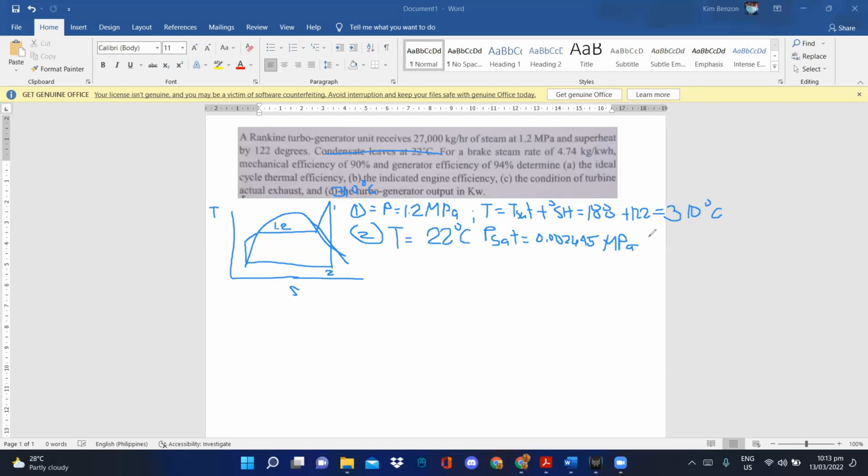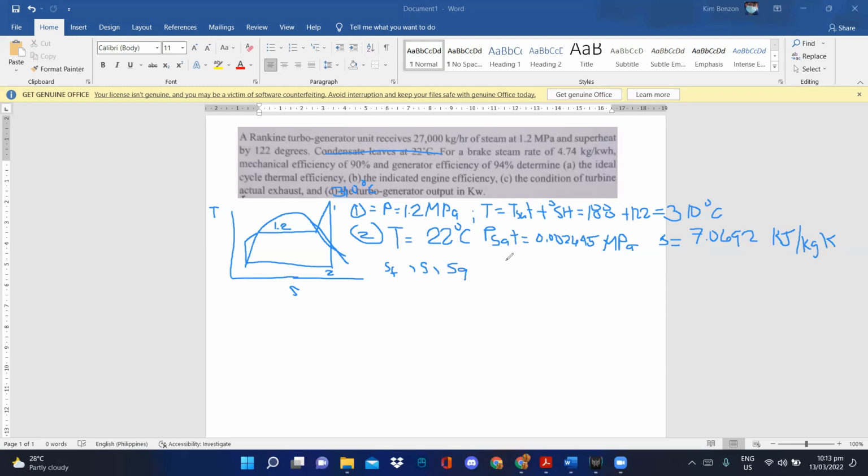And then for your S at point 2, we have 7.0692 kilojoule per kilogram Kelvin. Now, please take note, you compare this S to your SF and to your SG.